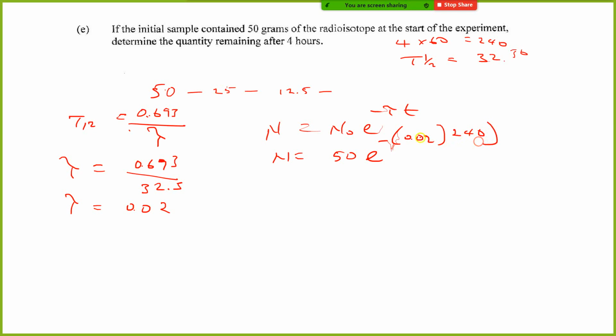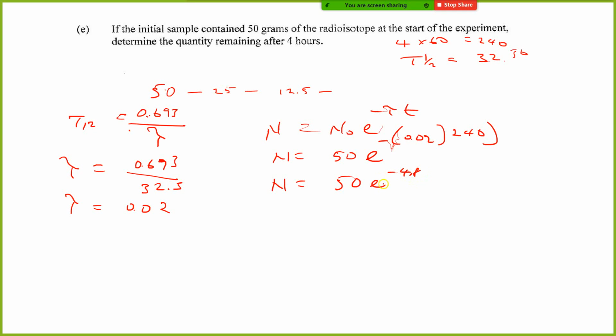So let's work out the power section here. 0.02 times 240, N is equal to 50 e to the minus 4.8.